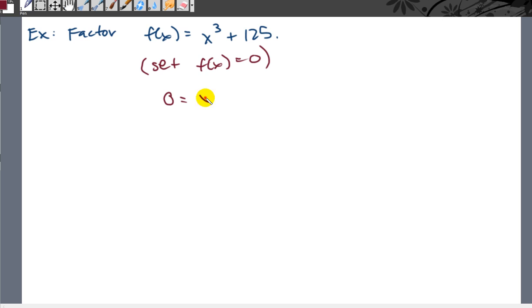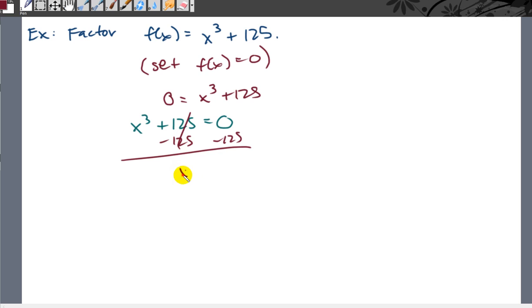So we have 0 equals x cubed plus 125. Flip this order around, just to make it a little nicer: x cubed plus 125 equals 0. Now let's subtract 125, and we get x cubed equals negative 125.